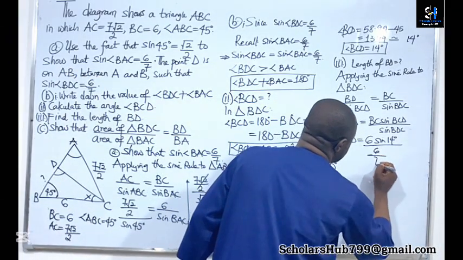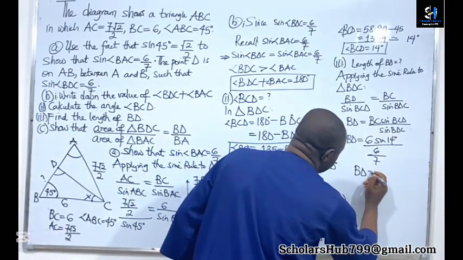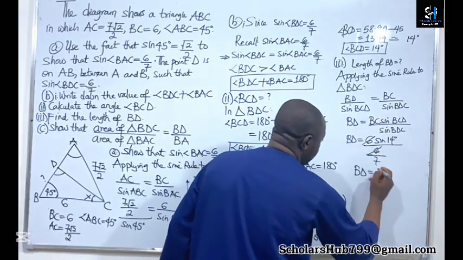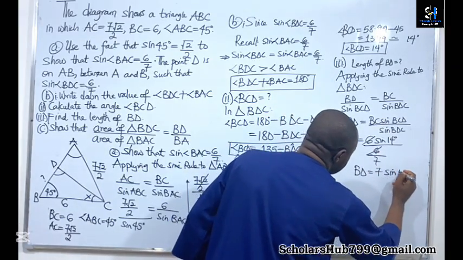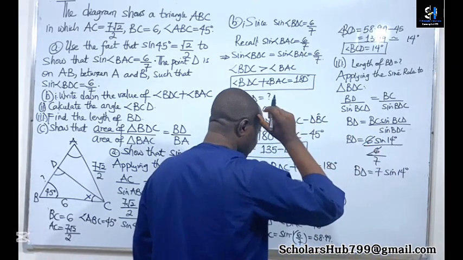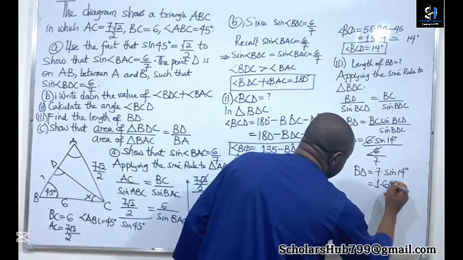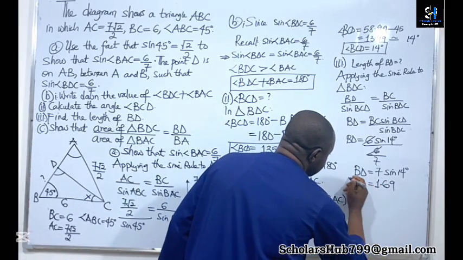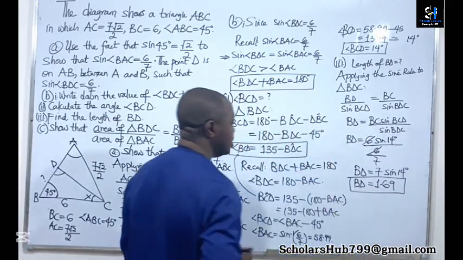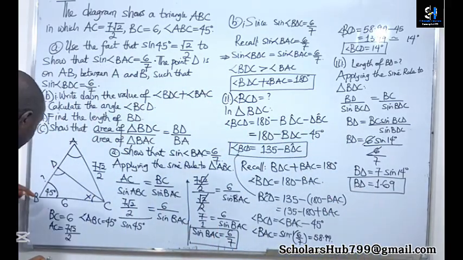So this will cancel this, then 7 will come here. We have 7 sine 14 degrees, which is 1.69. That is, the length of BD is 1.69.